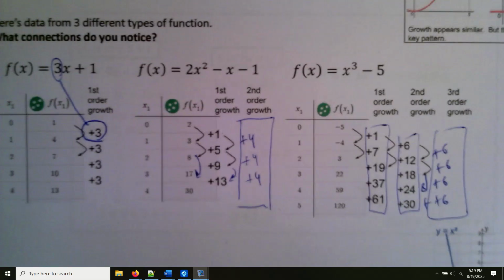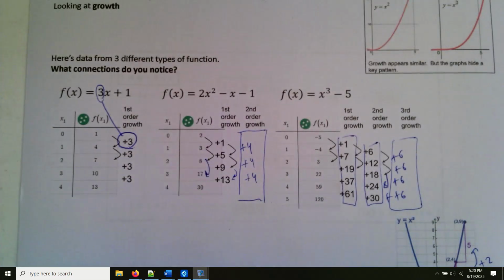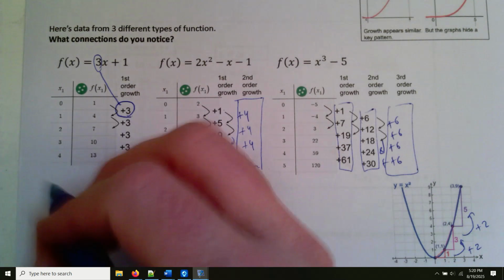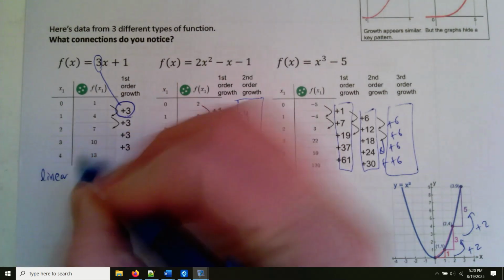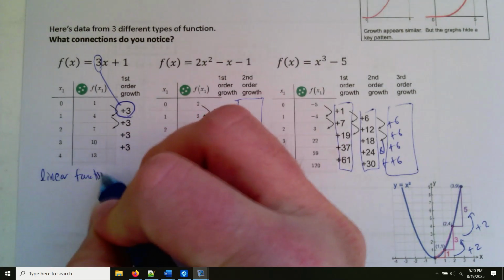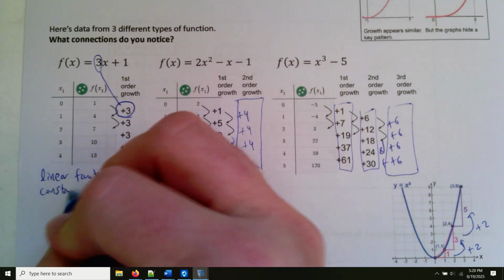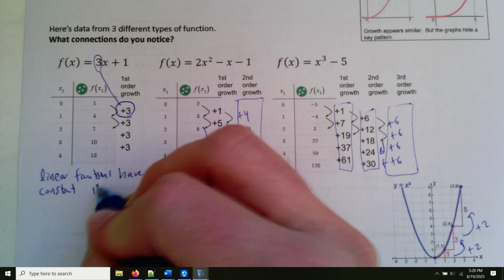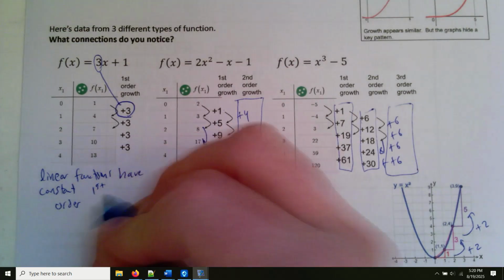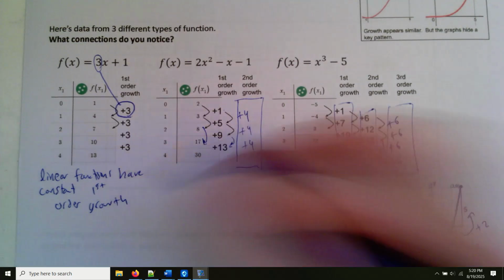So if you're going to write down some takeaways, it could be this. Linear functions have constant first order growth. Sorry, I'm sort of tilted here.